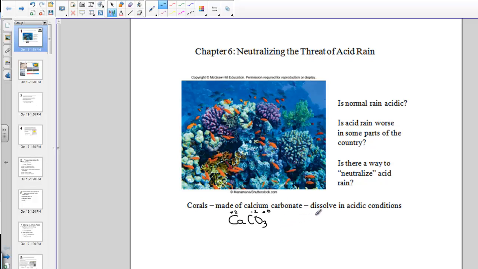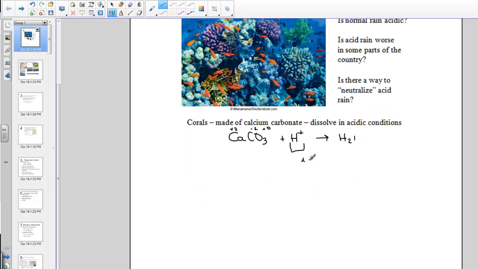of limestone. When they dissolve in acidic conditions, we're soon going to learn that acids, a class of chemical family, are those types of compounds that contain a hydrogen ion. And what we end up seeing is that the calcium ion gets changed out to have H2CO3.